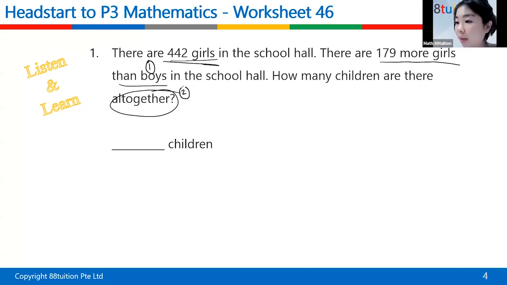Yes, so 2 steps. First, find the number of boys, then I find all together. Now, are there more boys or more girls? There are more girls. Good. So to find the number of boys, I need to minus, correct or not? Yeah. So let's draw the model, okay? Since there are more girls, the girls' bar is going to be longer.